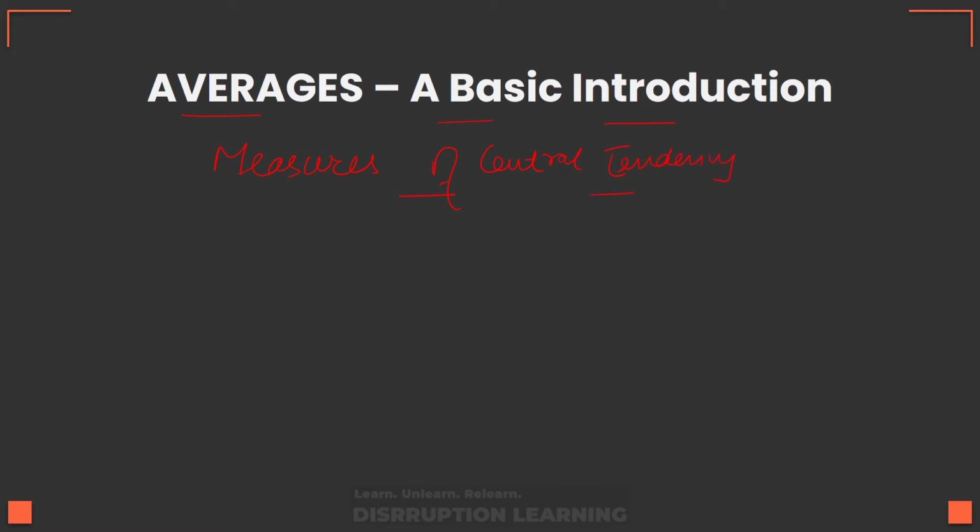A measure of central tendency, or simply central tendency, is basically one figure for a group that represents the whole group.